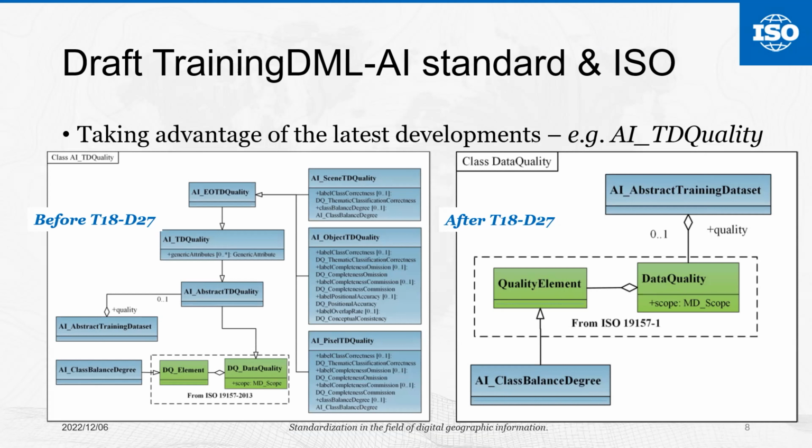We advised to simplify this and use the scope of the data quality element to express various levels of detail. We also advised to refer to the current version of the revised 19157, so that they will utilize what I think is the best feature of this revised standard, the extensibility, whereby each domain can define their own domain-relevant quality element.